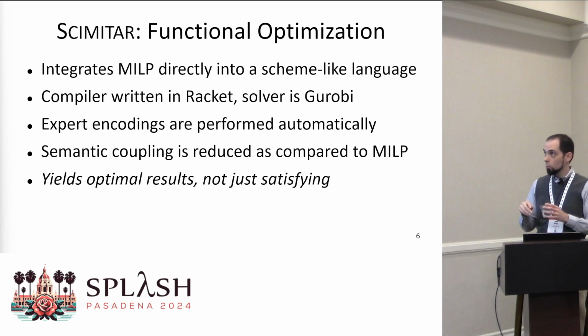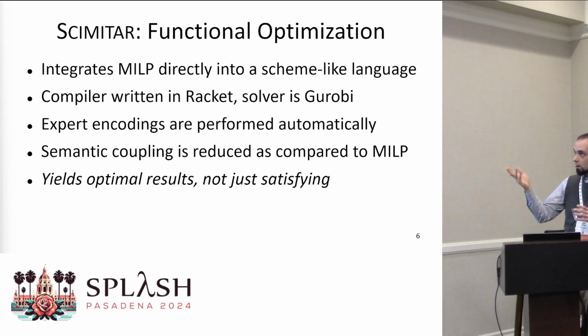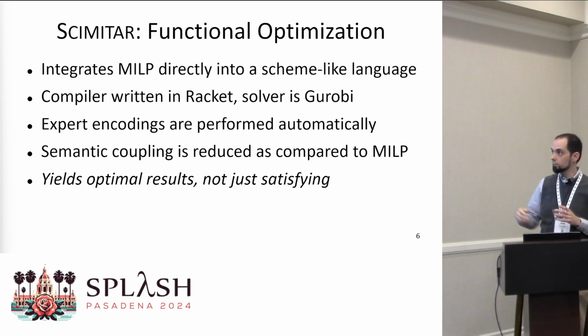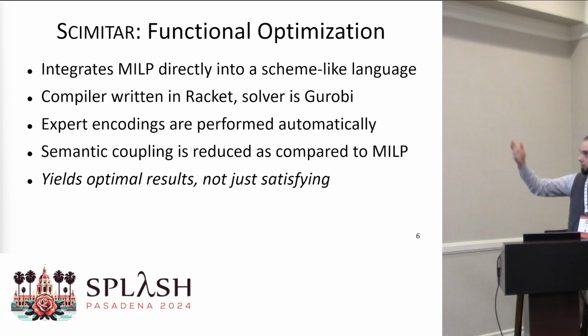And so in our work, we introduce Scimitar, an approach that embeds an optimization solver into a functional programming language. We combine these to embed this MILP solver in our Scheme-like language. Scimitar is a compiler from the high-level language into this constraint system.